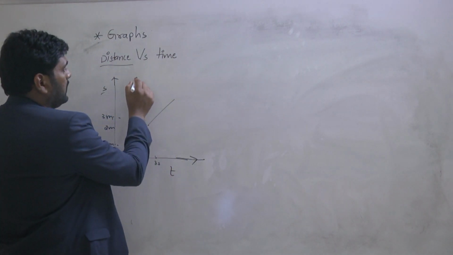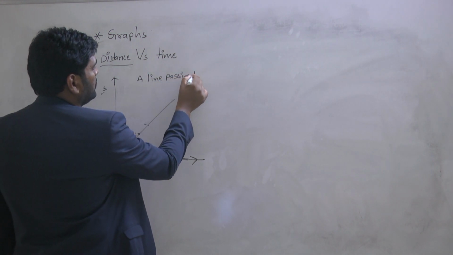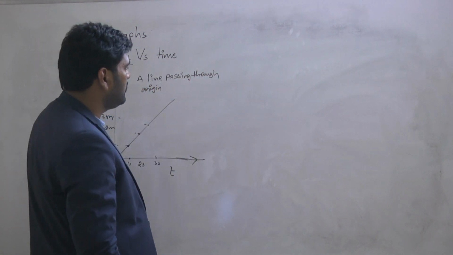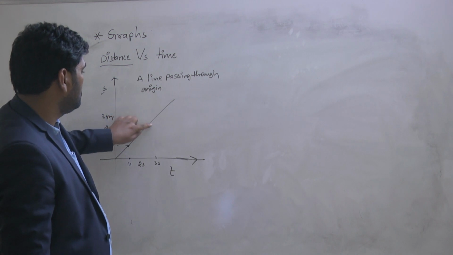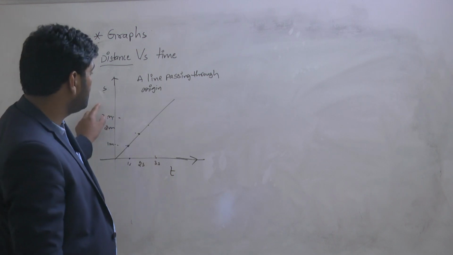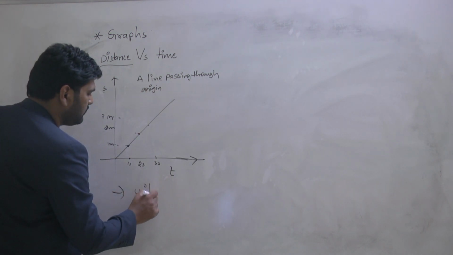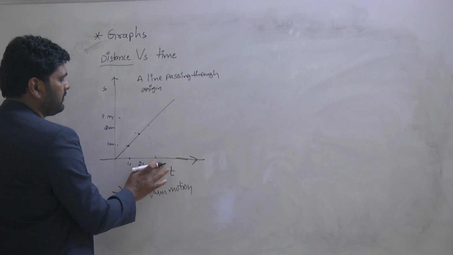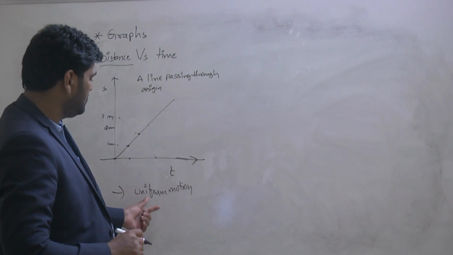A line passing through the origin. In the distance versus time graph, a line passing through the origin represents uniform motion.